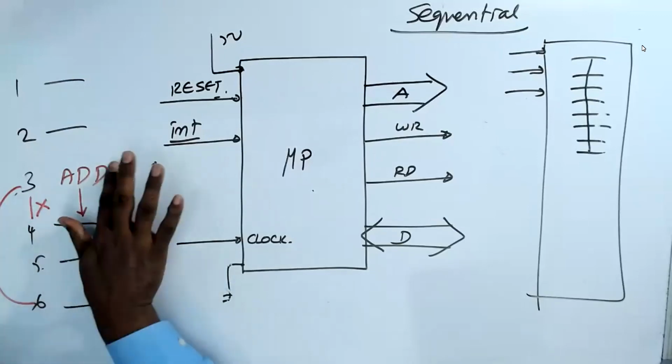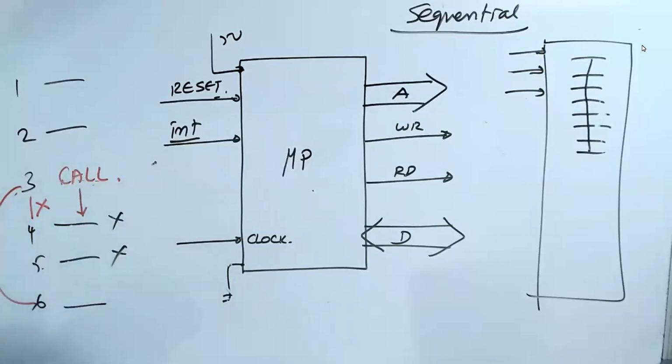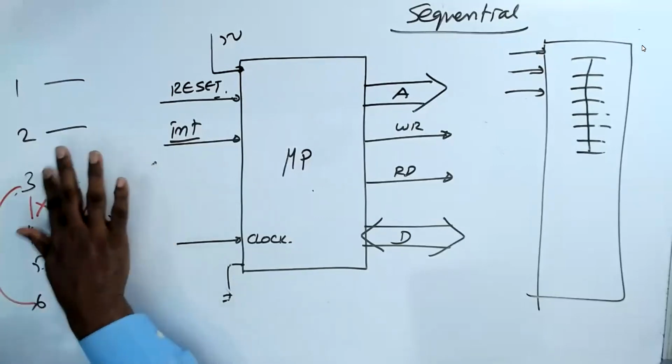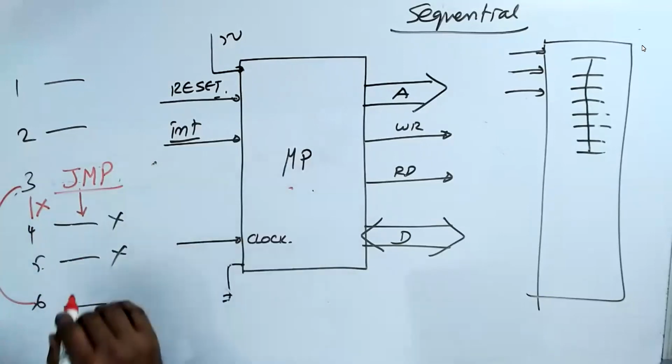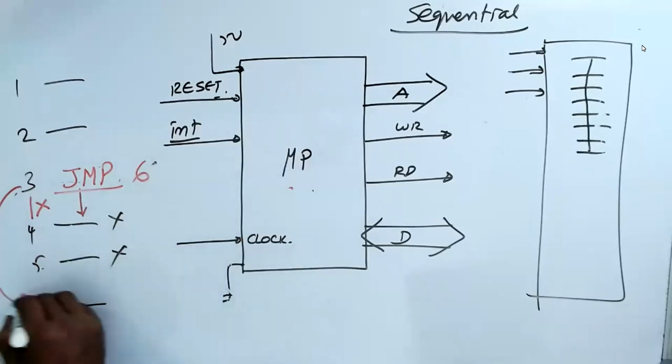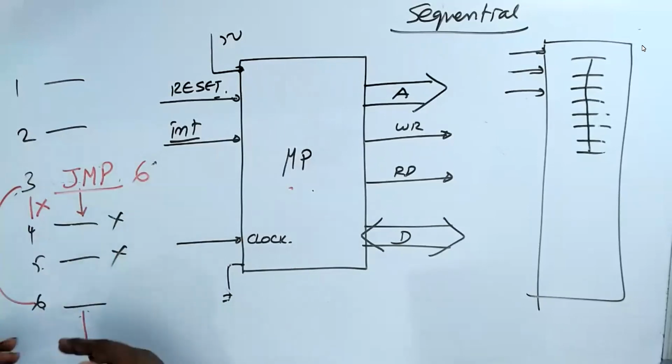Like jump, there's an instruction called call. The call means it will go and come back here. See, when you use the jump instruction, the microprocessor will go to 6 and continue. It will never come back. It's gone. It does not know from where it has come to 6.